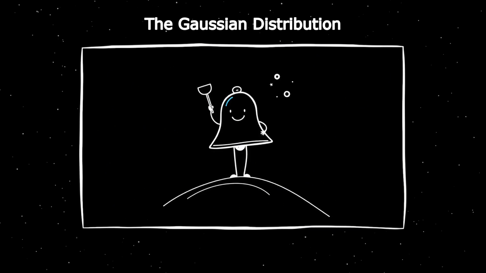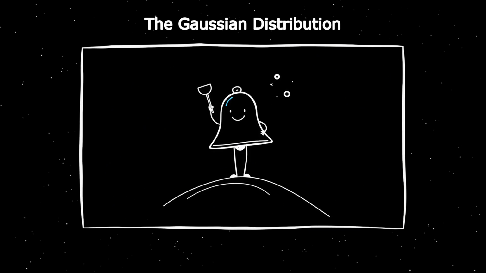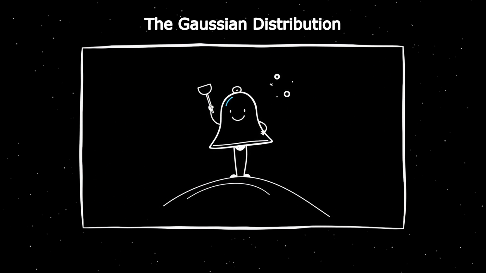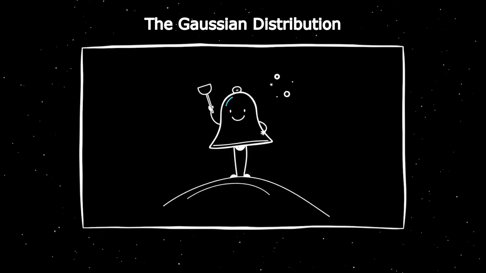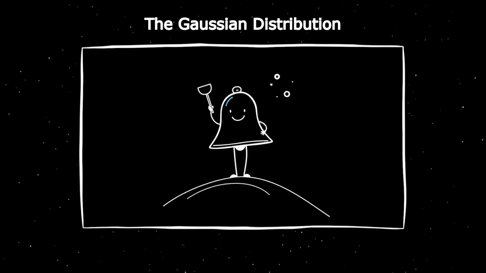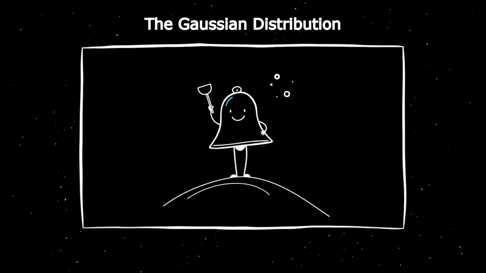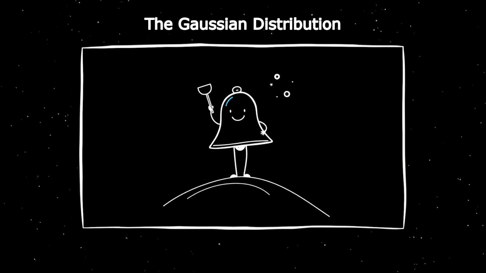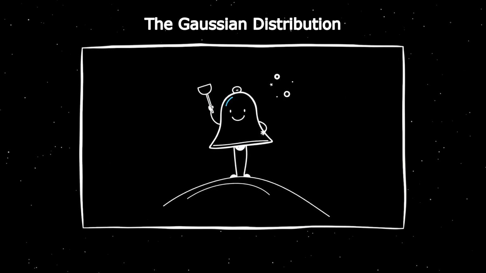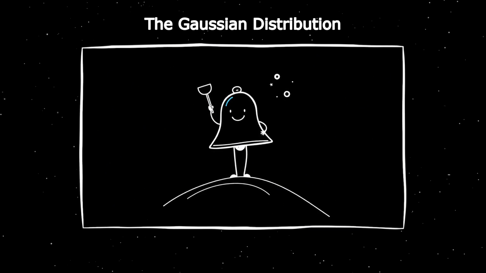In conclusion, the Gaussian distribution, with its iconic bell-shaped curve, is a central pillar in the world of statistics. Its widespread appearance in various fields, from biology to finance, highlights its significance in explaining randomness and variation in natural and man-made systems.